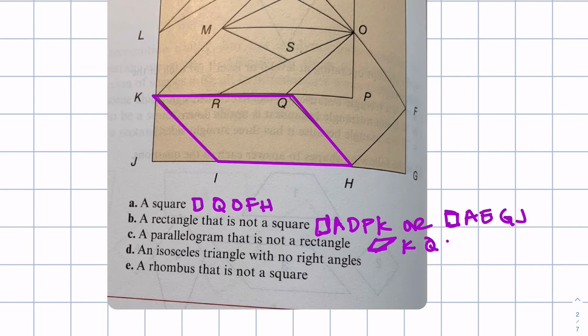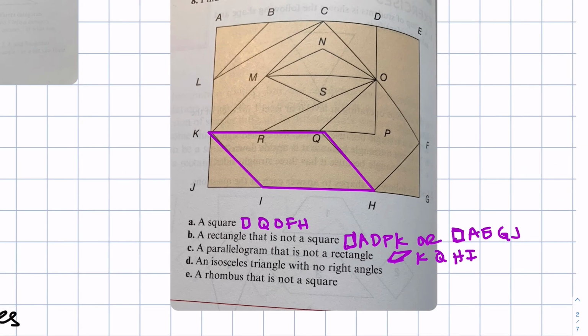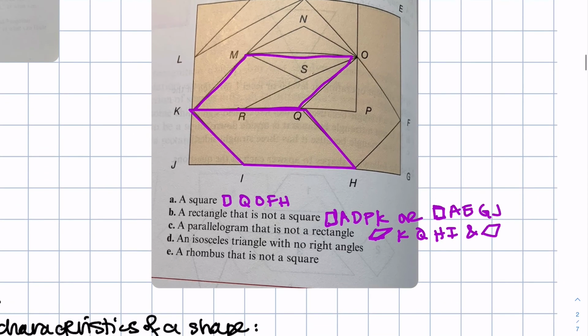K, Q, H, I. Looks like a parallelogram to me. I'm trying to see if there's another one that I'm missing. There's probably another one in here, but I'm not seeing it right away. So you can probably identify more. Oh yeah, here's another one. They just asked for one, but I'm giving a couple in case you see different ones. K, M, O, Q.